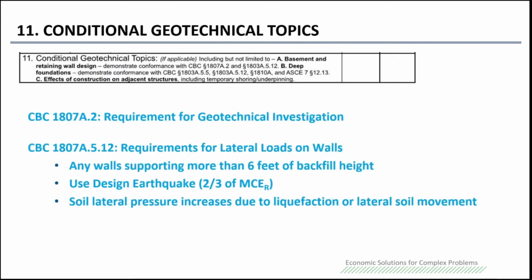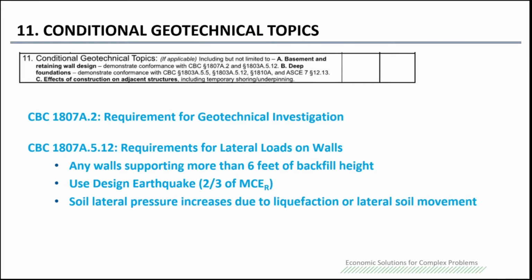So here, I mainly talk about the requirement for A. So the CBC 1803.2. So basically, that's the general requirements for the geotechnical investigation. Basically, what are the minimum borings you have to do for your project?